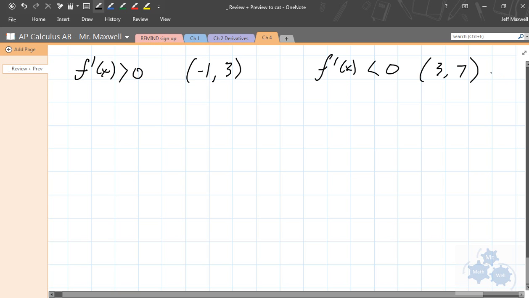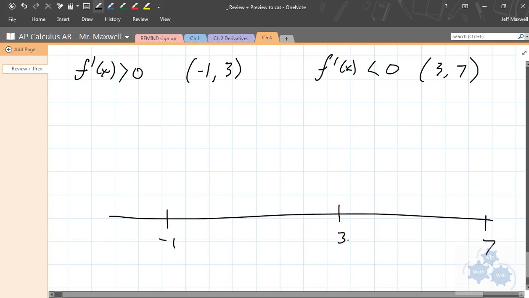Let's say we're given that. We aren't given a graph. If you know that all of the slopes of the tangent lines on this interval are positive, so that means if we were to draw a quick number line, right, -1, 3, and actually that should be spread out evenly, and 7. If this was the case, you know that all the tangents are positive here, right? So we could, not necessarily going to draw this, but you know that in between there they're all positive.